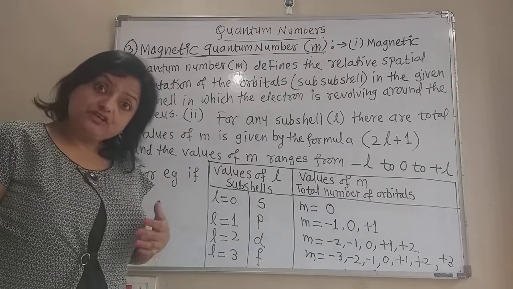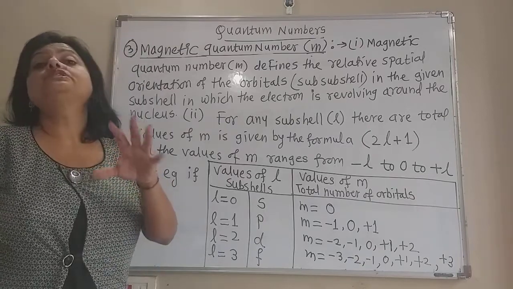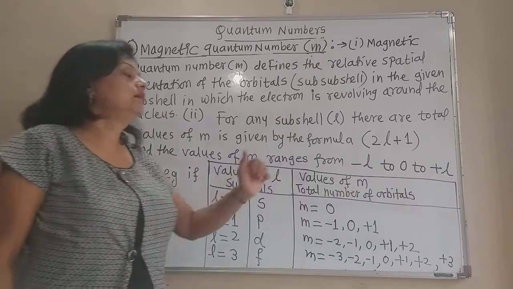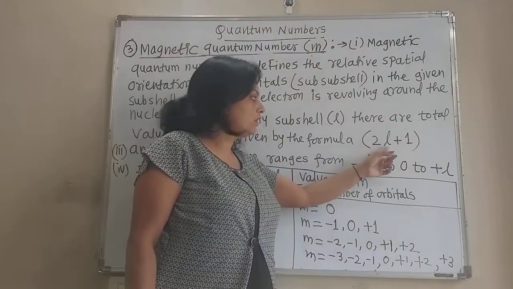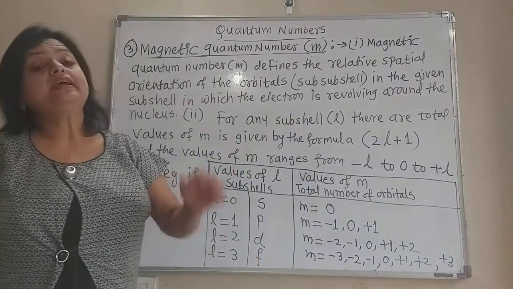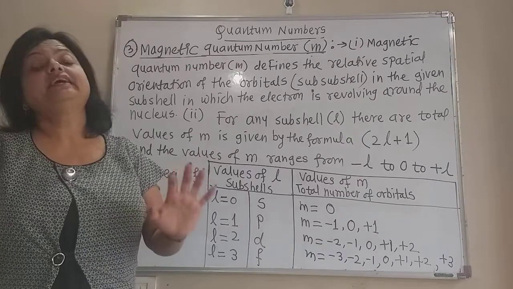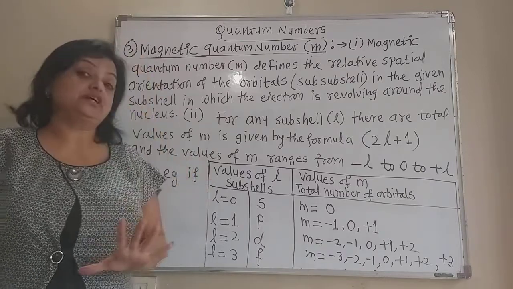If L is equal to 2, then there are 5 orbitals in that subshell. Now see, 2 multiplied by 2 is 4, plus 1, 5. In this way, when L is equal to 2, there are 5 orbitals.